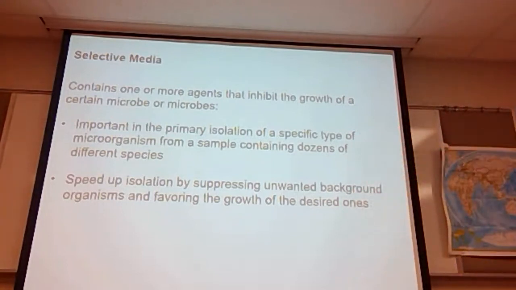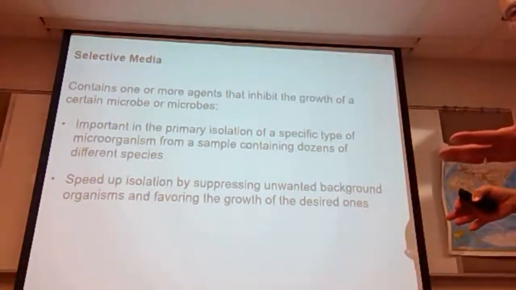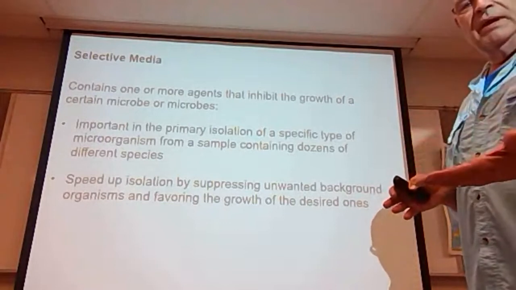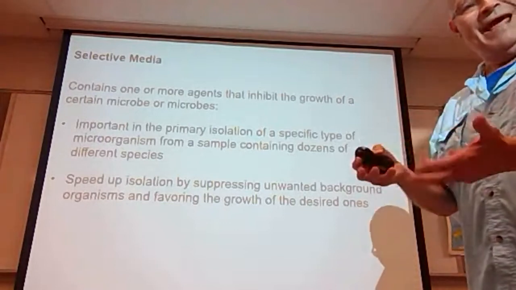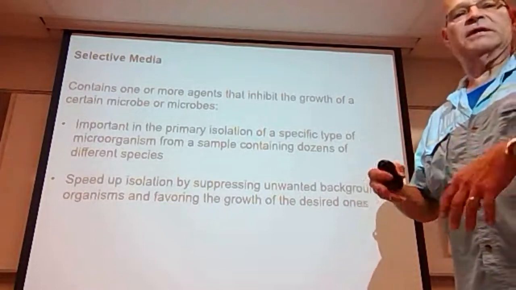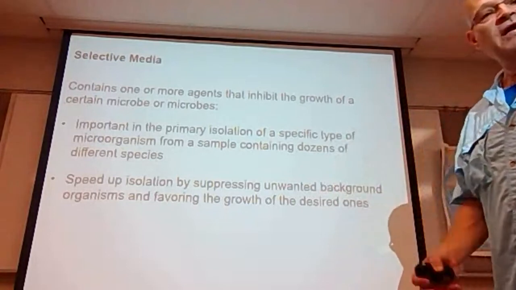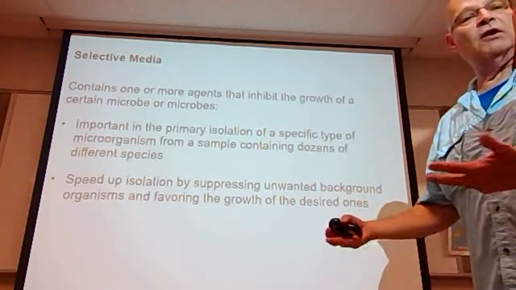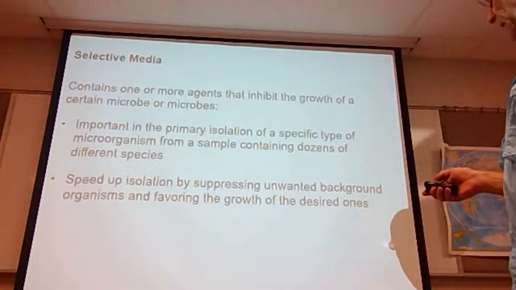These help speed up isolation by suppressing unwanted background organisms and favoring the growth of the desired ones. Again, you know you have a pure culture, you just don't know what it is. You put it on a medium that only grows gram-negative things, and it grows, then it's a gram-negative. If it doesn't grow, then chances are you've got a gram-positive item working there.